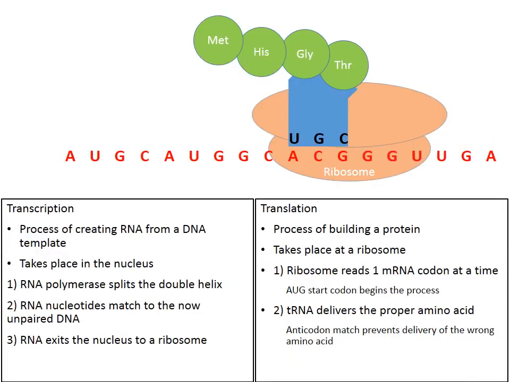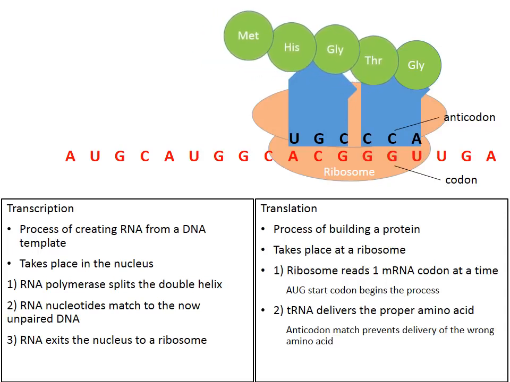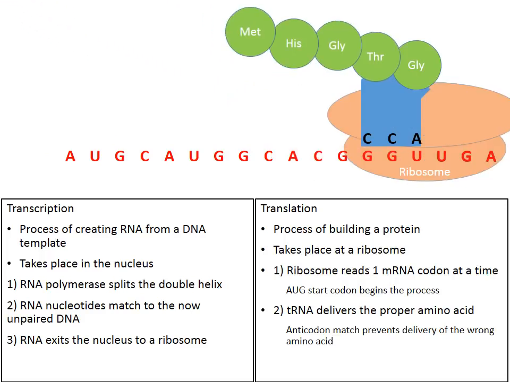So now that I know GGU is the code for glycine, here comes transfer RNA carrying GLY. Gly stands for glycine. So because the codon and anticodon are opposite matches, that allows the chain of amino acids to be bonded together, and the tRNA on the left detaches. And I hope you get the hang of this. The ribosome simply moves down to the next codon.